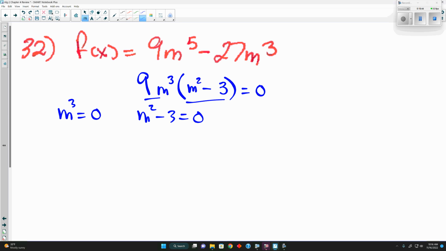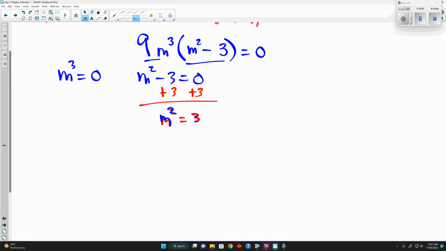Well, for this one over here, we can add 3 to both sides, telling us m squared is equal to 3. Then what can we do? We can square root, telling us m is equal to plus or minus the square root of 3, yes?